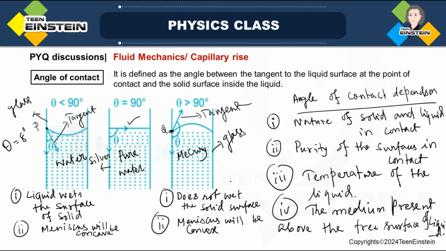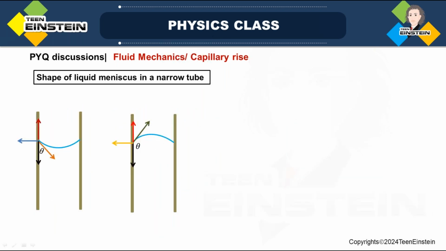Okay, all right. Let us go to the main point now. The shape of the liquid meniscus, how it varies for different liquids. Okay, so let me draw the liquid over here. We have already understood the example.